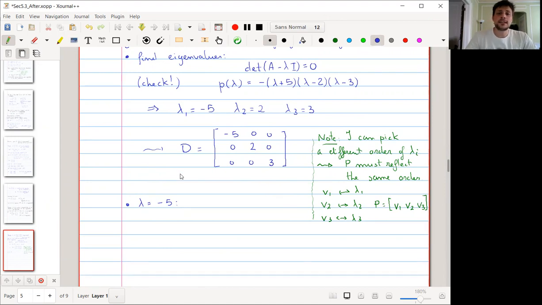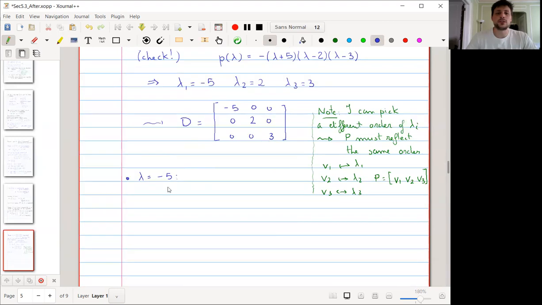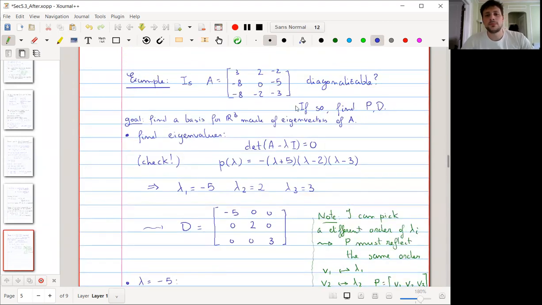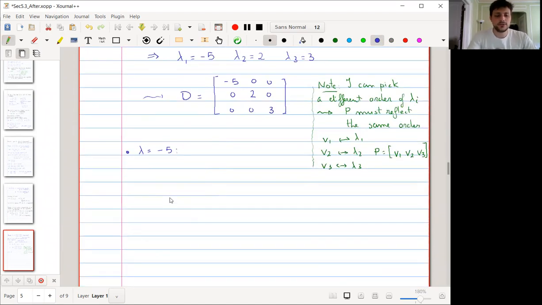Okay, let's find the eigenvectors corresponding to these eigenvalues. For lambda equals -5, let me bring the matrix down. Our goal is to compute A plus 5 times the identity. And that becomes 3 plus 5, that's 8.